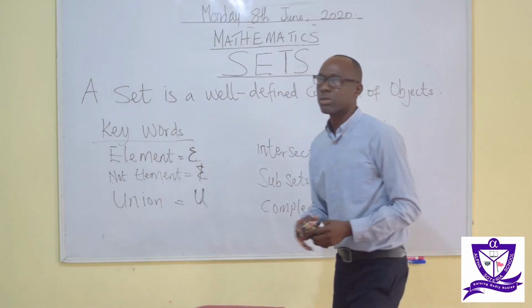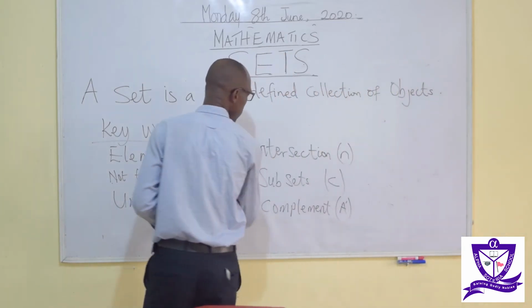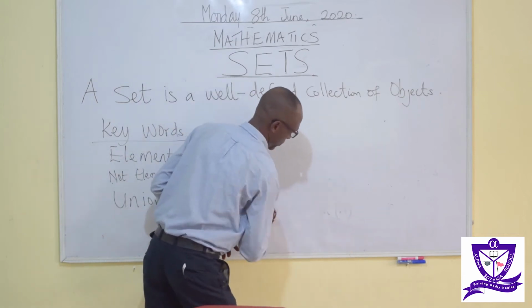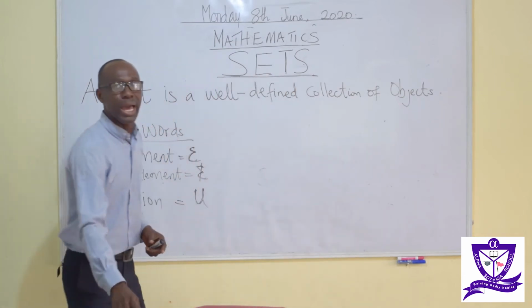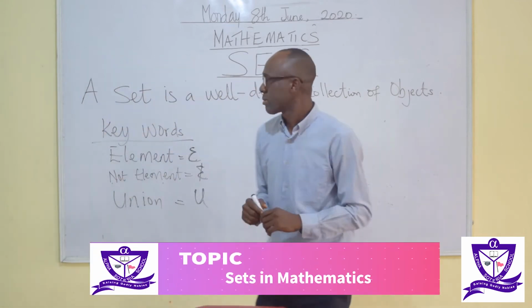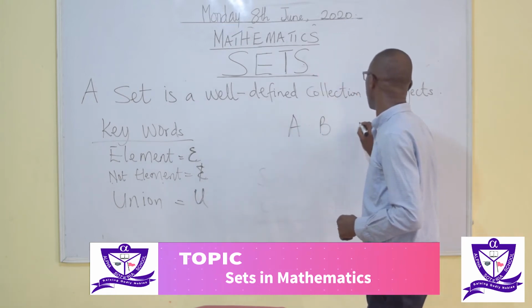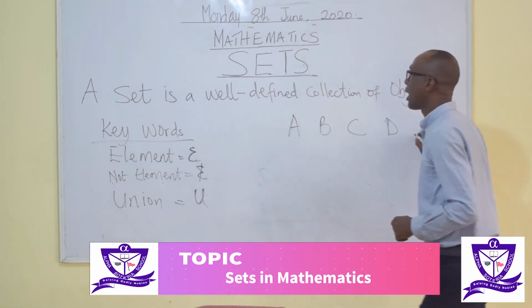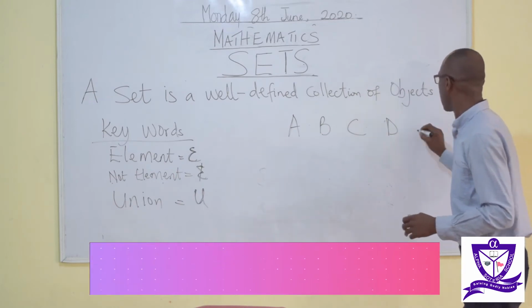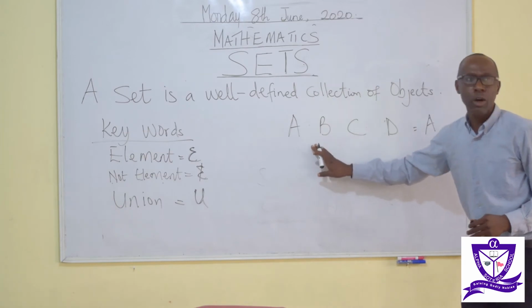Now, when we talk about elements, let's take for instance, I have some alphabets. Letter A, B, C, D, and so on and so forth. Is A an element of this set?